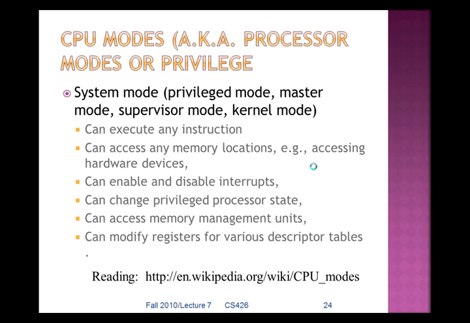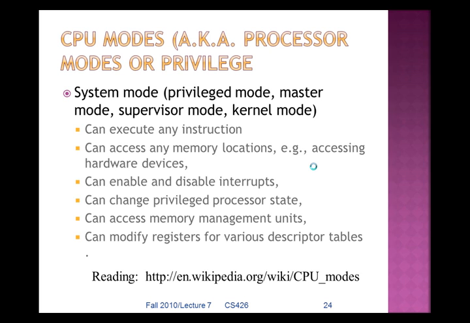Then system mode can access any memory location, whether a hardware device location or a software location, for example, accessing hardware devices. Next, it can enable and disable interrupts. Interrupts are the disturbing elements available in communication and networking.